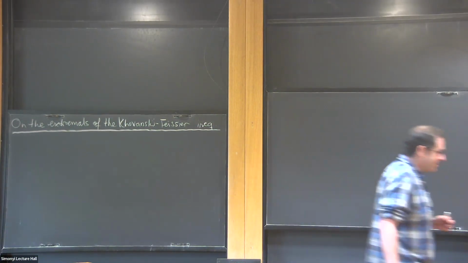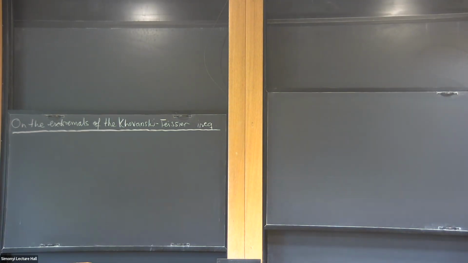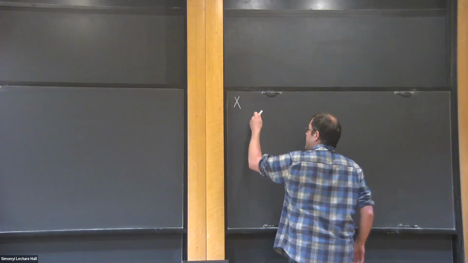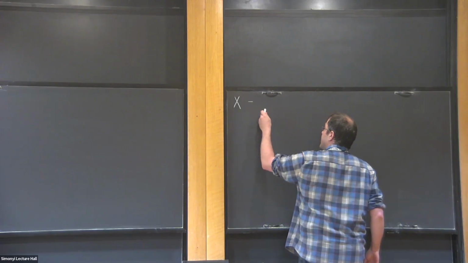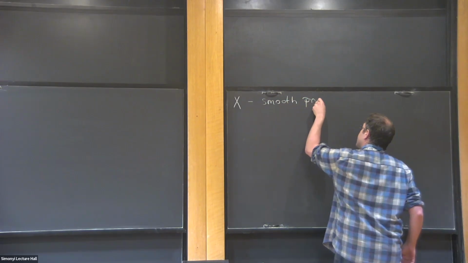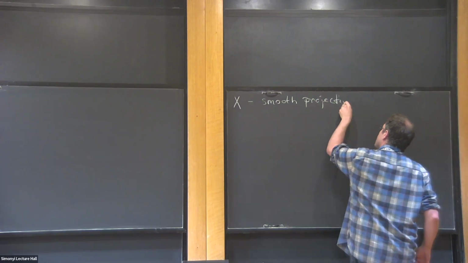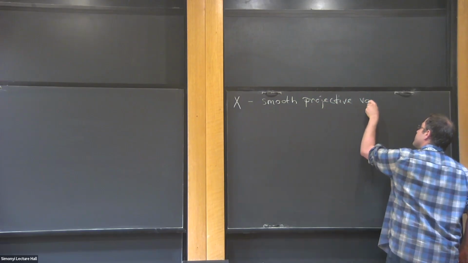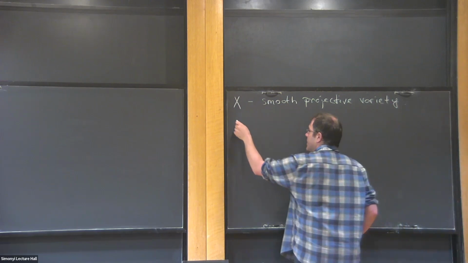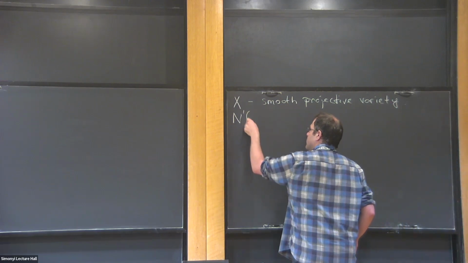Okay, I've been told this board doesn't actually work, so I'm going to start over here. Our basic setting is going to be X, a smooth projective variety over the complex numbers, and we're going to be interested in divisors.